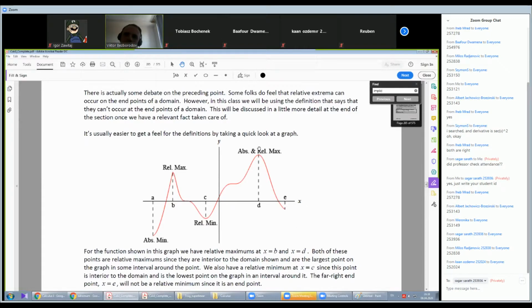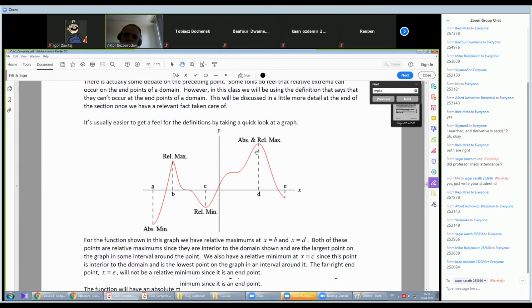So this is, for example, both local and global maximum, right? Of course, every global maximum is also a local maximum. But this is a global maximum, and this is a local maximum, right? You see that it's the largest thing in the neighborhood, but it is not the largest value globally. And the same with minimum.